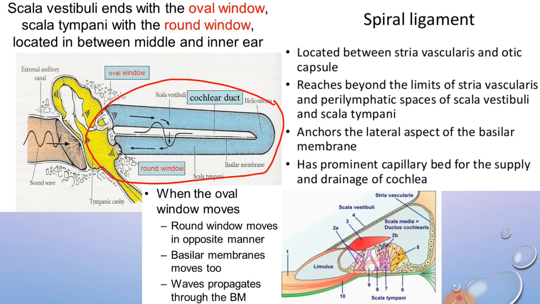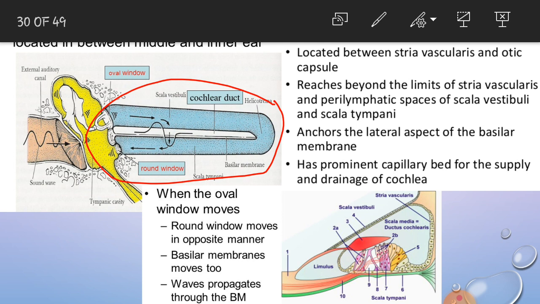When the oval window moves, the round window moves in the opposite manner. The basilar membrane moves too, and the waves propagate through the basilar membrane. We will discuss this transmission of sound through the internal ear in the next slides.